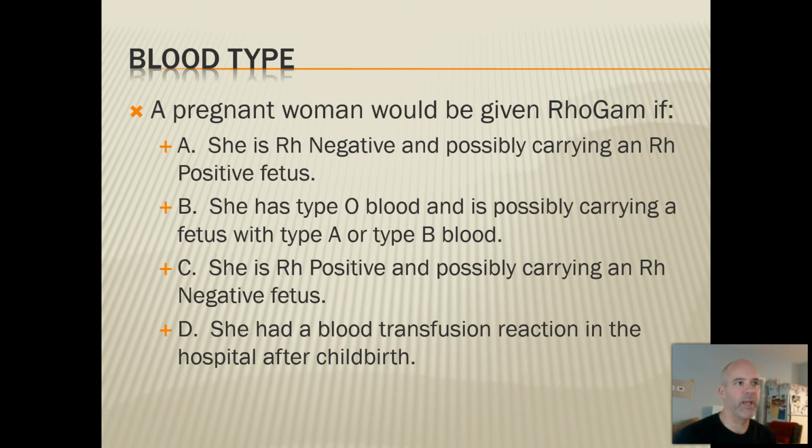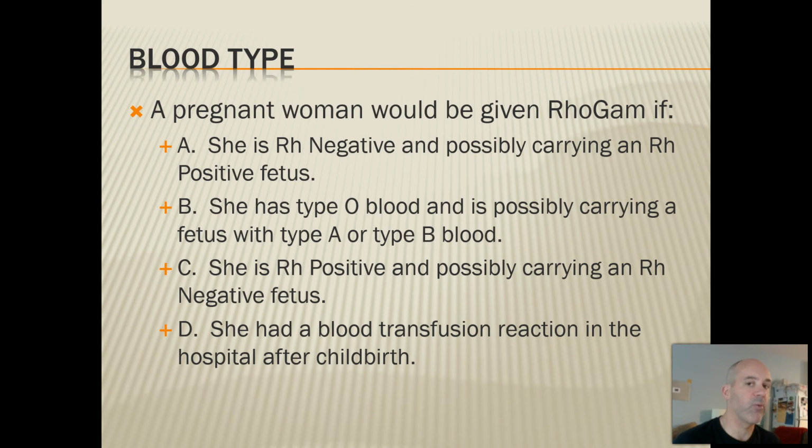A pregnant woman would be given RhoGAM. When are those RhoGAM shots given? She is Rh negative and possibly carrying an Rh positive fetus. That is correct, and you guys can read through the other three answers there, but that's when RhoGAM is given, and that is primarily given to protect the next fetus she might have if she gets pregnant again and that fetus is Rh positive.